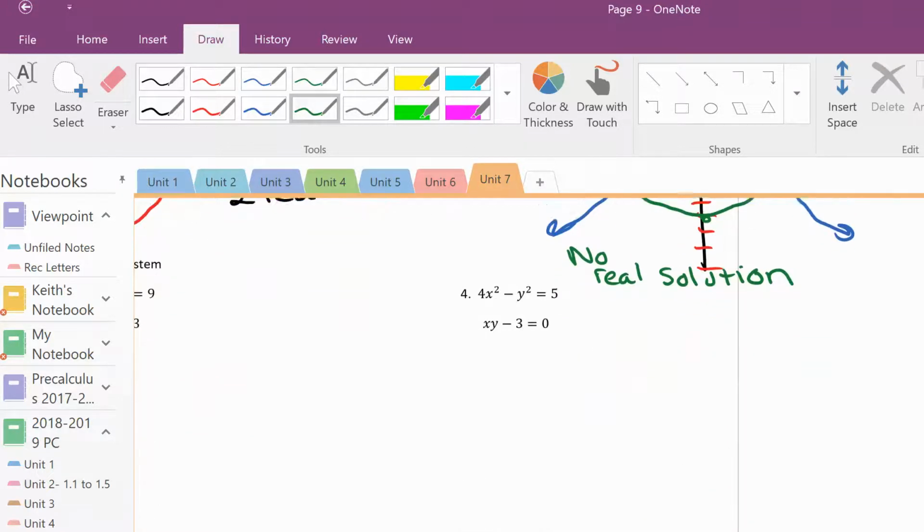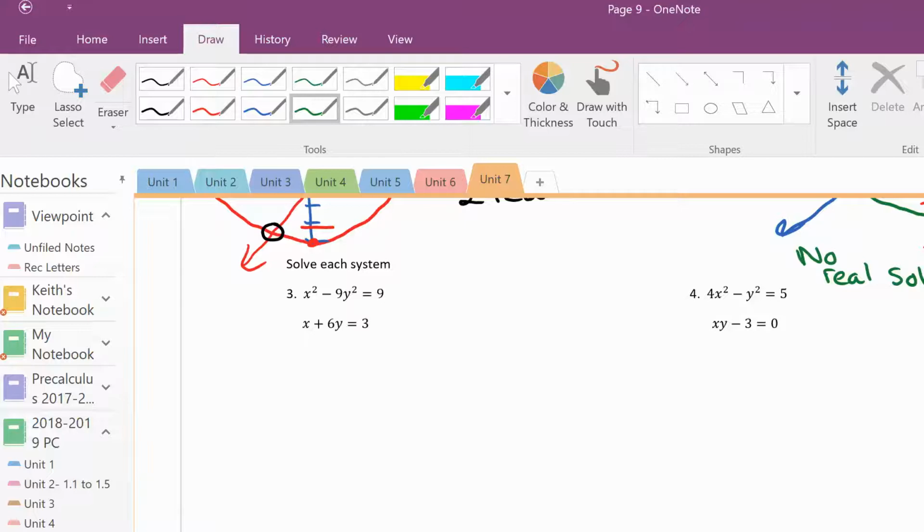All right, so the next part, it actually asks you to solve the equations. And to solve the system of equations, first of all, if you don't have them both squared, for example, here you have a hyperbola and a line. But notice this has x squared, y squared. This just has x and y.